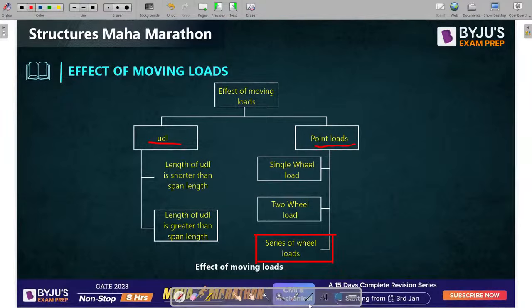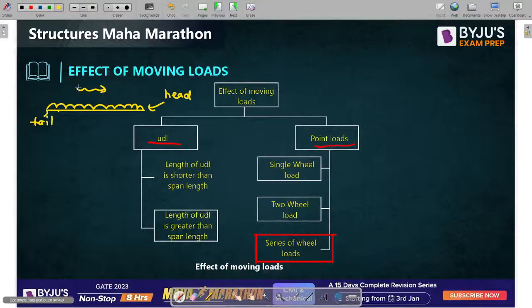In case of UDL, guys, let us suppose this is our UDL. Let us consider this is head. Why is it head? And this is tail. Why is it tail? Because the direction of movement is this, which means left to right. If the direction of movement is left to right, then this is head and this is tail.